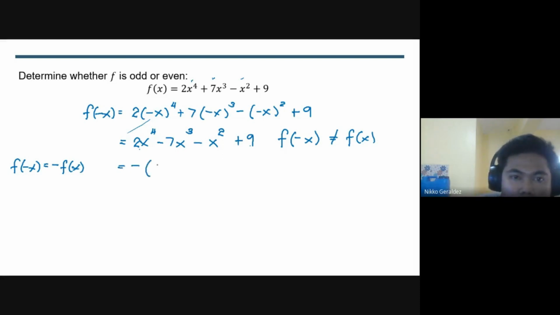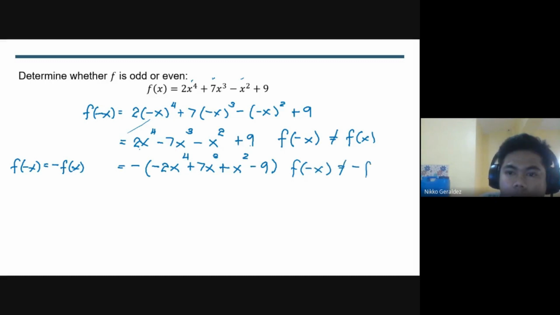Negative times negative 2x raised to 4 plus 7x cubed plus x squared minus 9. Is it the same as f of x? 2x raised to 4 versus negative 2x raised to 4, so they are not the same. So it does not satisfy the given definition. So, f of negative x is not equal to negative f of x.